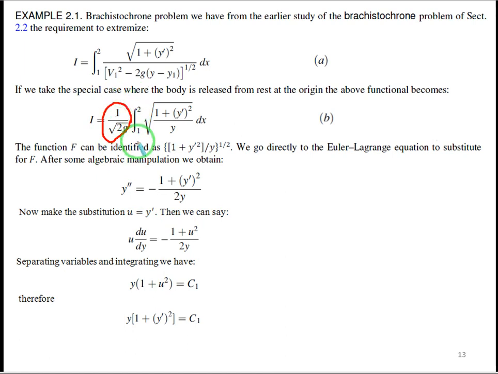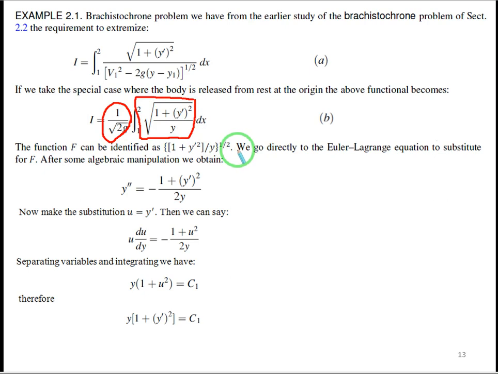So I can say that the function f in the Euler-Lagrange equation can be written by this equation, or in other words, f is 1 plus y dash squared, all of them over y, and all of them to the power of 1/2.